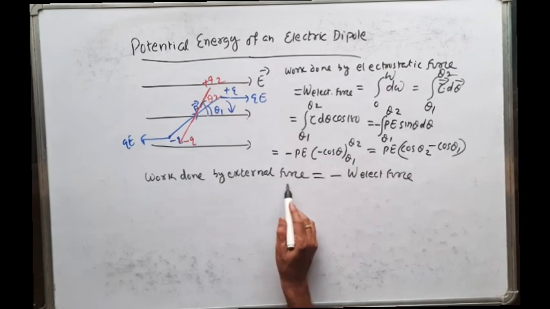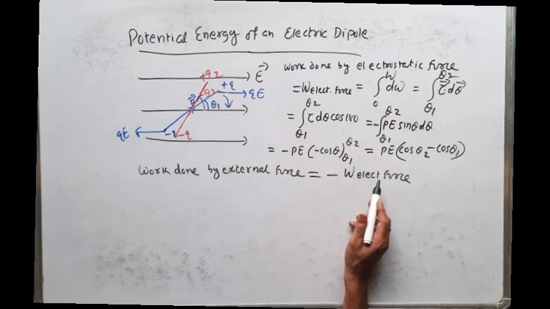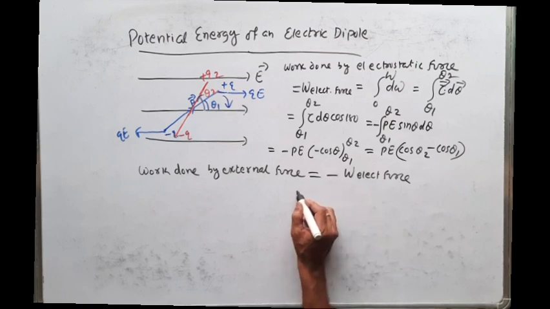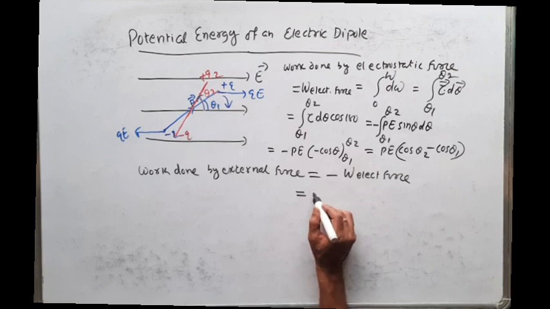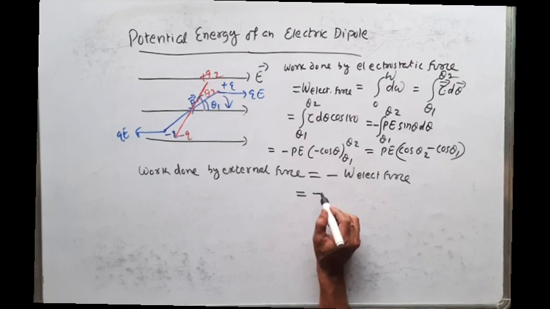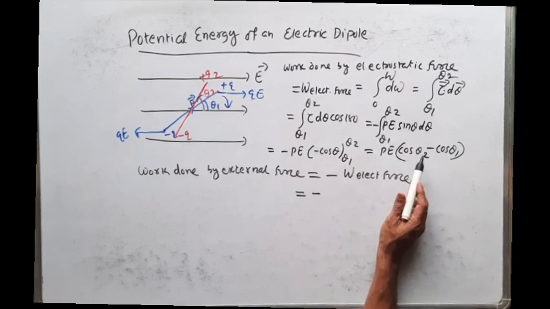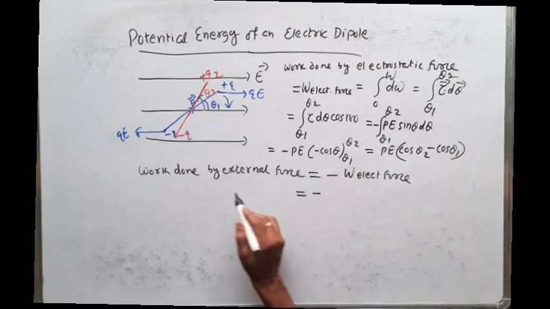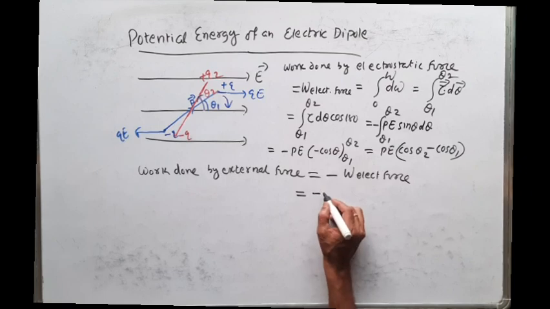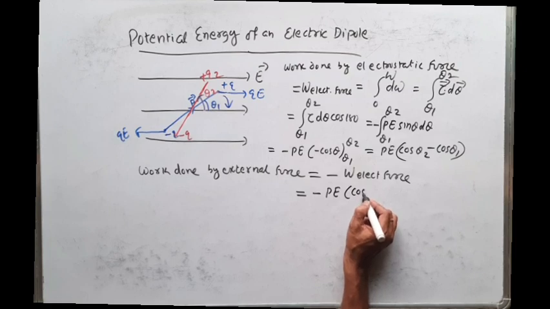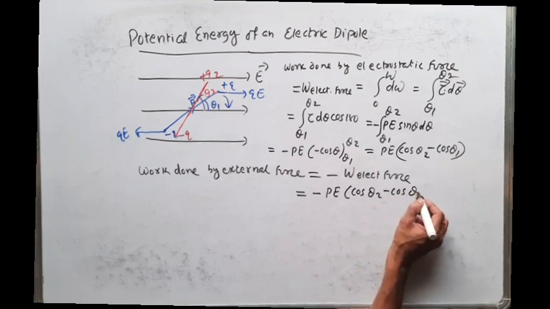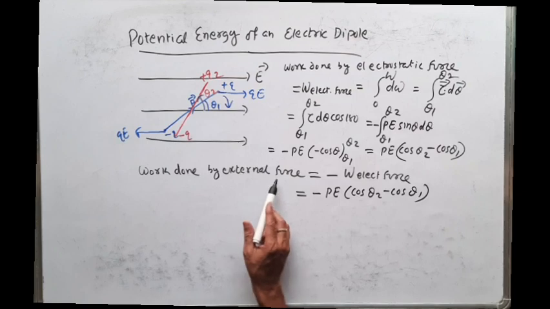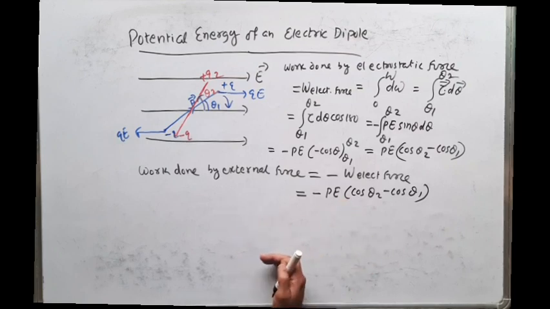So the work done by the external force is equal to minus of this, that is minus pE times cos theta 2 minus cos theta 1. But we know the work done by the external force will increase the potential energy.